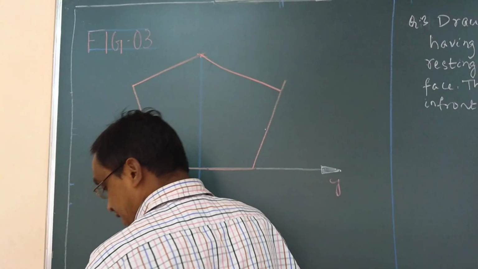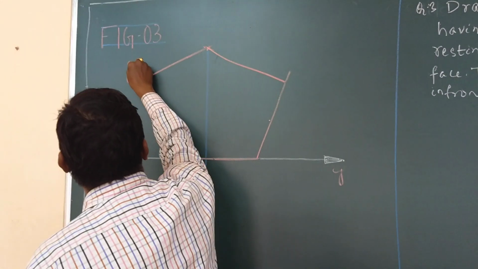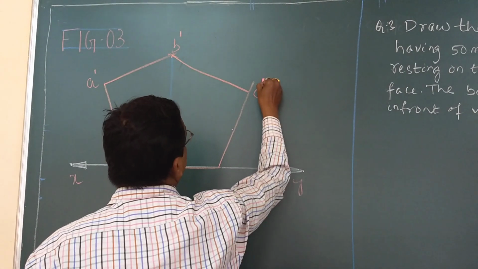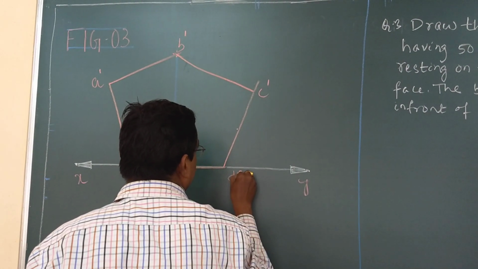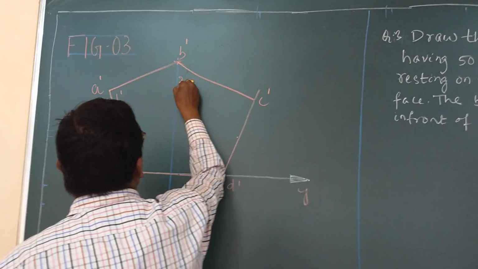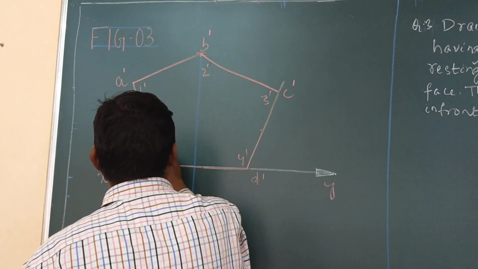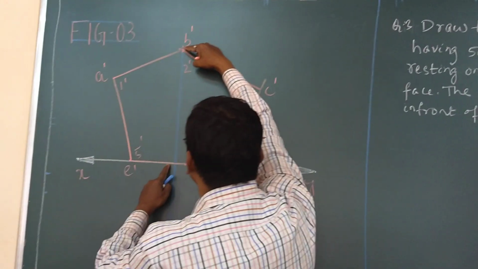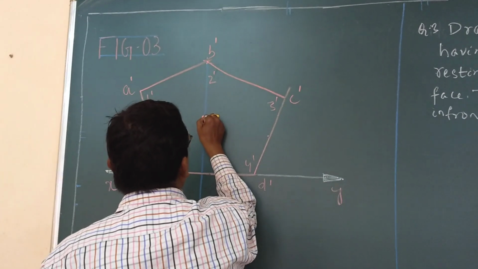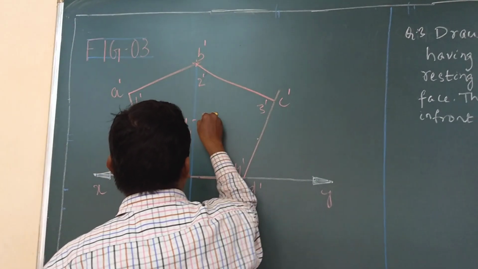Now write the names: A dash, B dash, C dash, D dash and E dash, 1 dash, 2 dash, 3 dash, 4 dash and 5 dash. Measure this, mark its midpoint and write O1 dash, comma O2 dash.